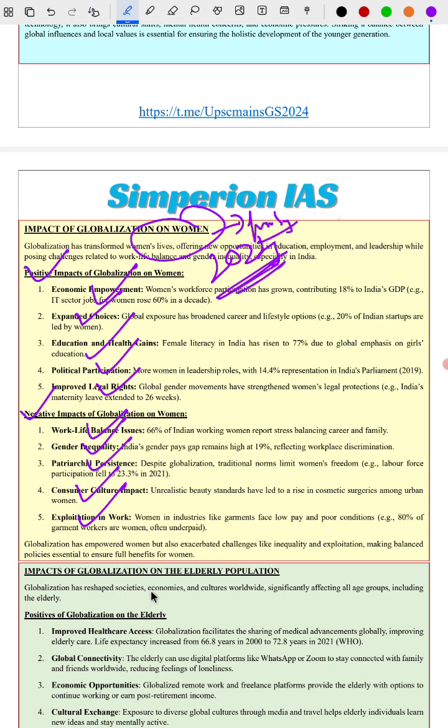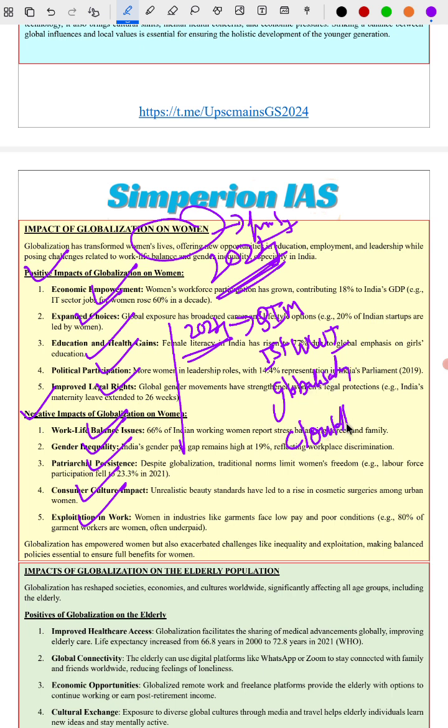Before moving into the next topic, the one thing I want to tell is, if you take the 2024 paper, there are a lot of questions which are directly repeated from the PYQs, as we have said before. I can give a few examples. One is the Quit India Movement in modern India, the First World War. The next topic is this one, impact of globalization on women. The topic of cloudburst.